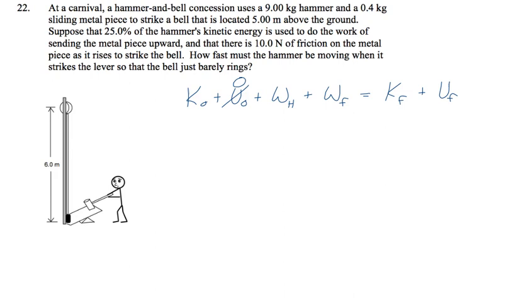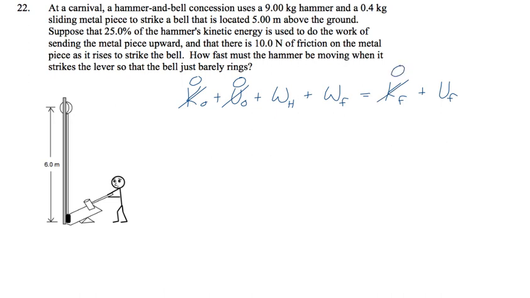KO is also 0 because it's not moving until the hammer hits it. There's one other thing that's 0. What else is 0? KF, because we said this is going to go up, slow down, slow down, slow down, reach its maximum height, and then come back down so that it barely hits. So the final kinetic energy is 0.